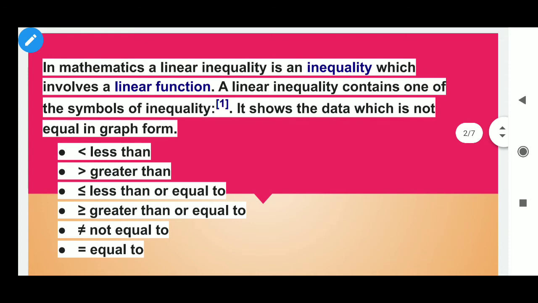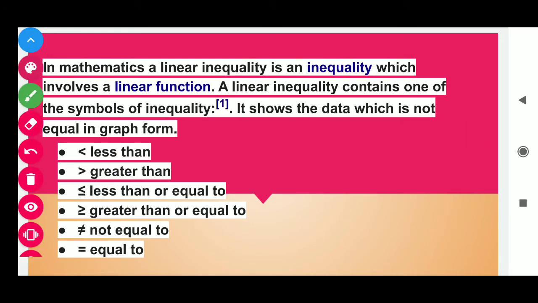Students, in mathematics, a linear inequality is an inequality which involves a linear function. A linear inequality contains one of the symbols of inequality. It shows the data which is not equal in graph form.